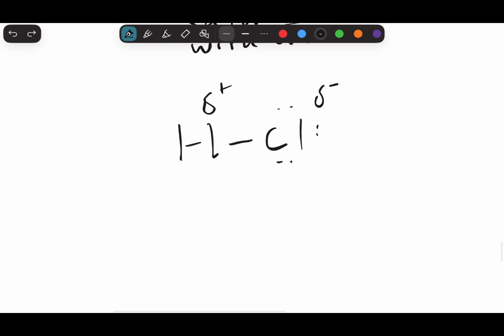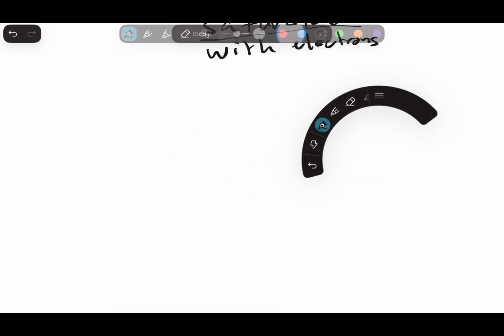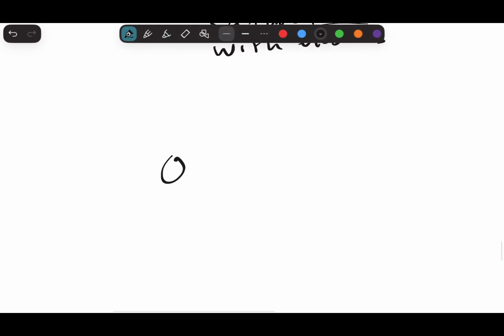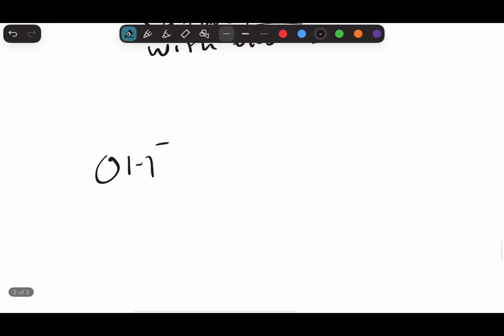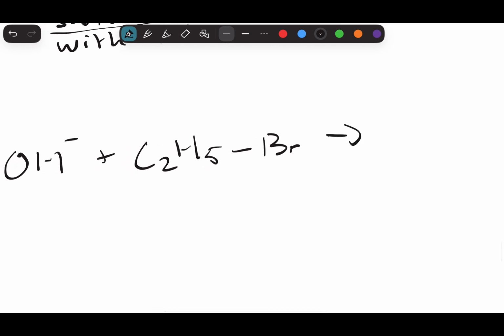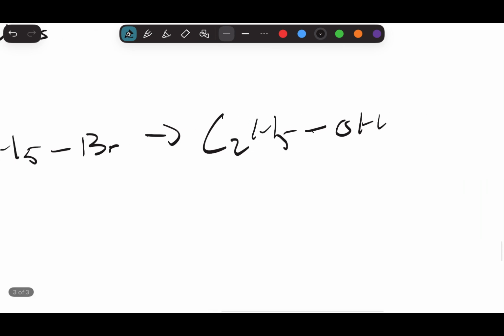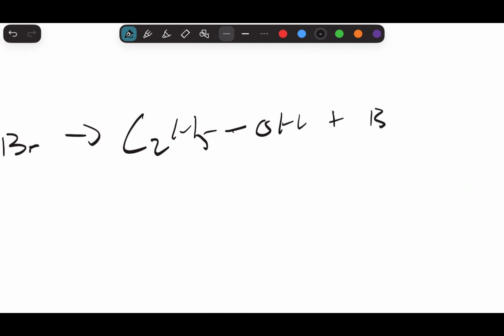Okay, so let's look at OH minus plus bromoethane. Okay, this would react and create C2H5OH, so an ethanol, plus a bromide ion.